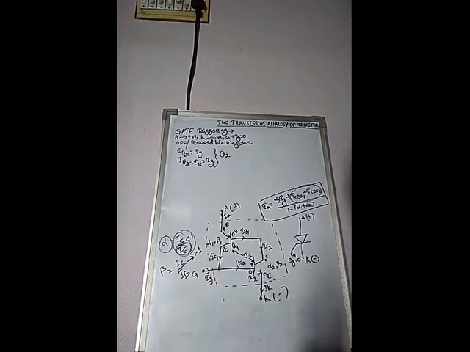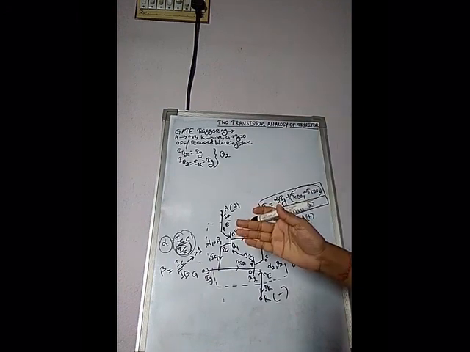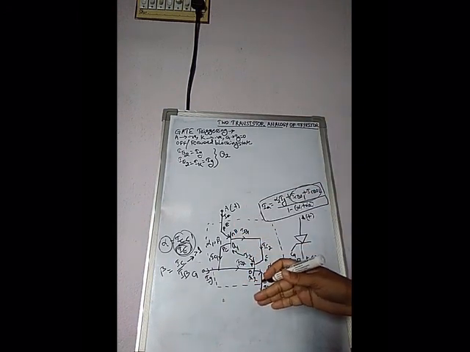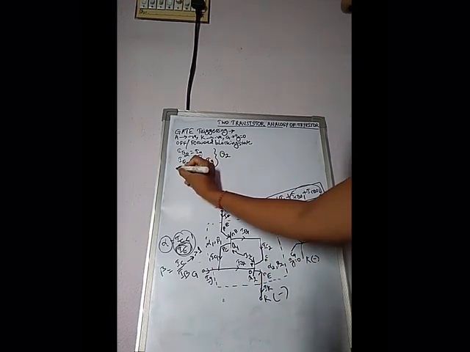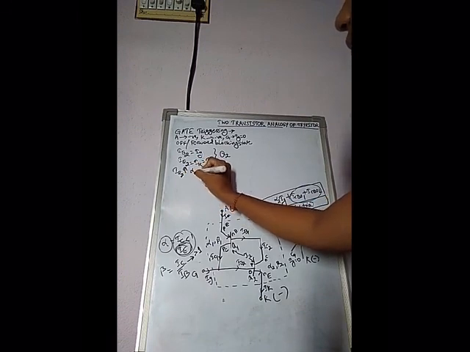So the emitter current IK of transistor Q2 is established, and then the current gain alpha 2 of Q2 increases. Emitter current rises means alpha 2 rises.